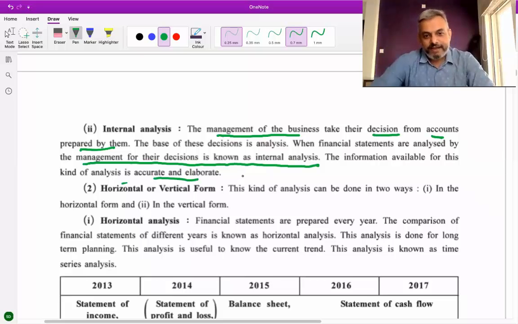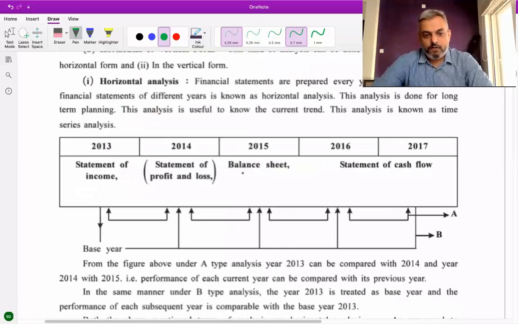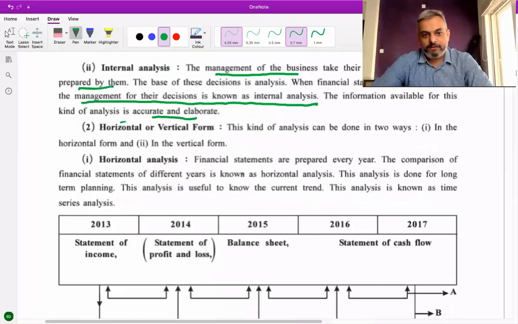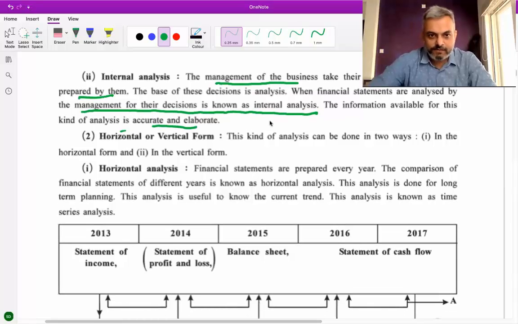Now, second, we go to horizontal or vertical. What is horizontal and what is vertical? Let's check out. First, horizontal analysis. Financial statements are prepared every year.